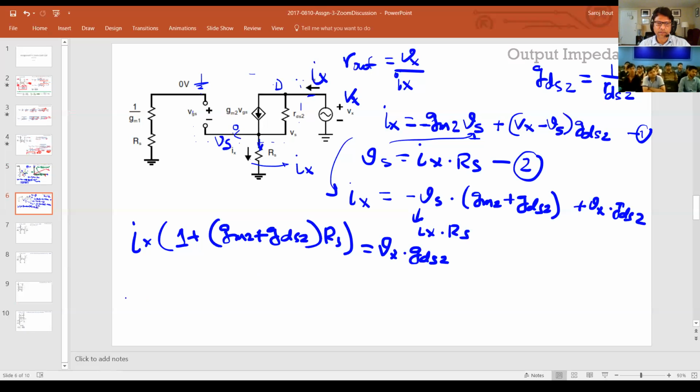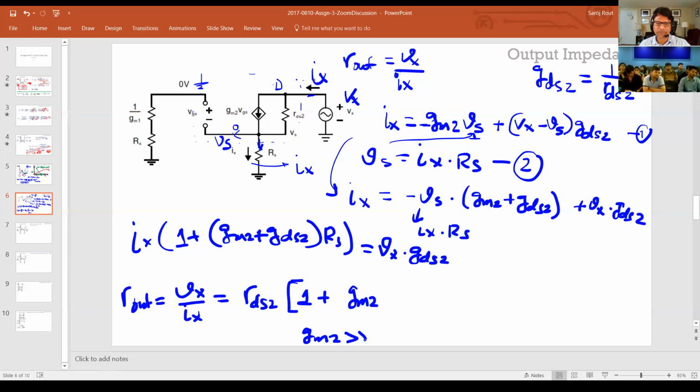So in other words, R out, which is equal to Vx over Ix, if I move this down, becomes RDS2 times (1 plus (GM2 plus GDS2) times Rs). But typically GM2 is always 5 times or larger than GDS, so I can approximate this to just GM2 times Rs.